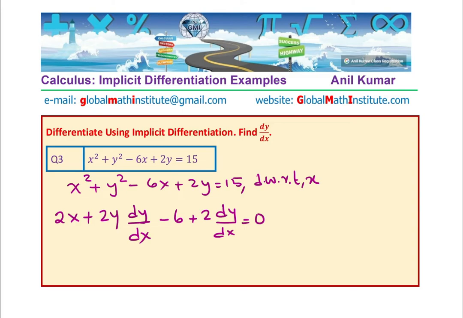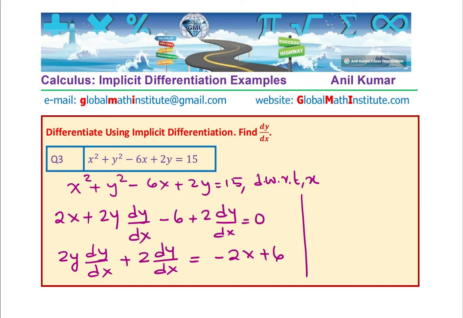So we take these two terms on the left, the others on the right hand side. So we get 2y dy/dx plus 2 dy/dx equals, taking these terms to the right, minus 2x plus 6. Is that clear to you?